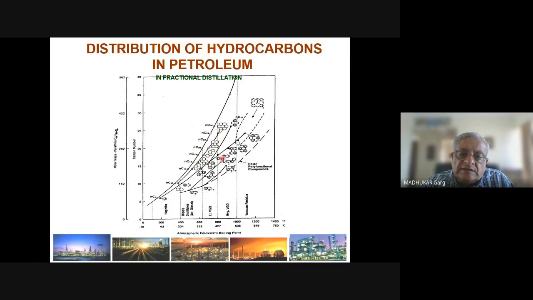And then this line represents two-ring aromatics, etc. And as you can see, as you go from naphtha to vacuum residue, the complexity of the molecules increases to the extent that when you're in vacuum residue, you have high metal content, which is present in the form of porphyrins.